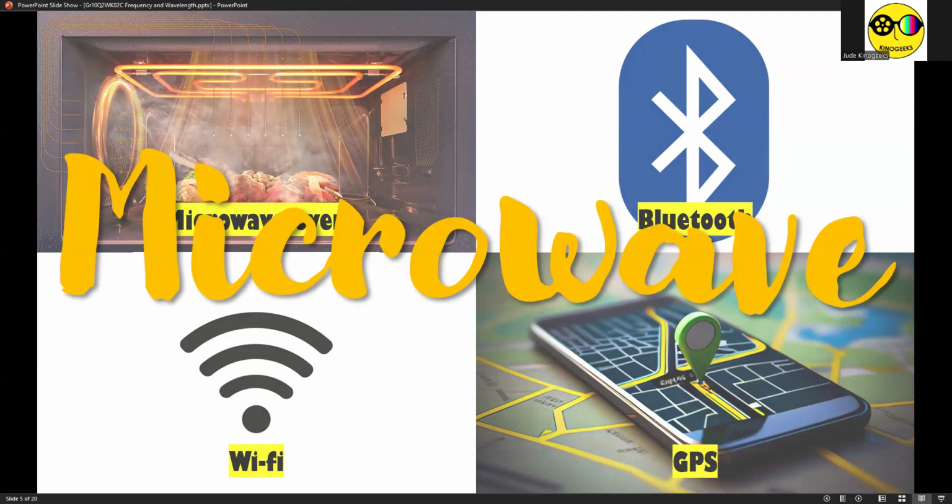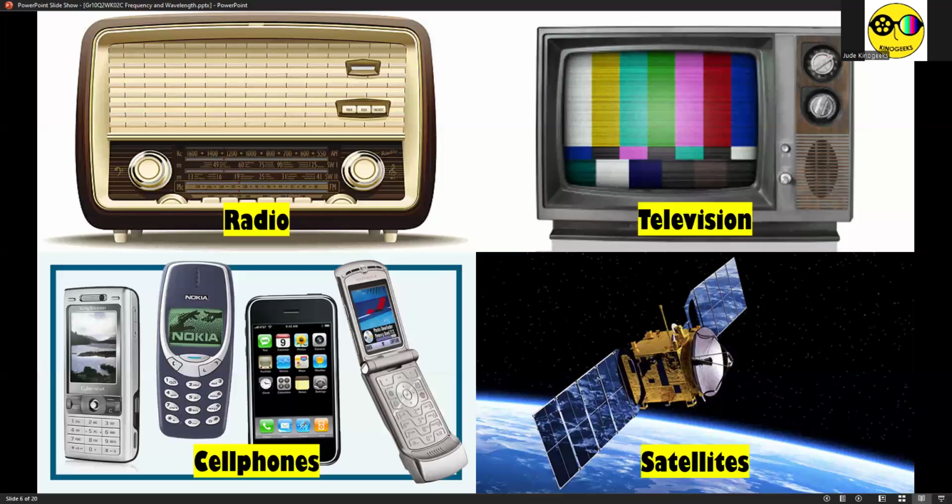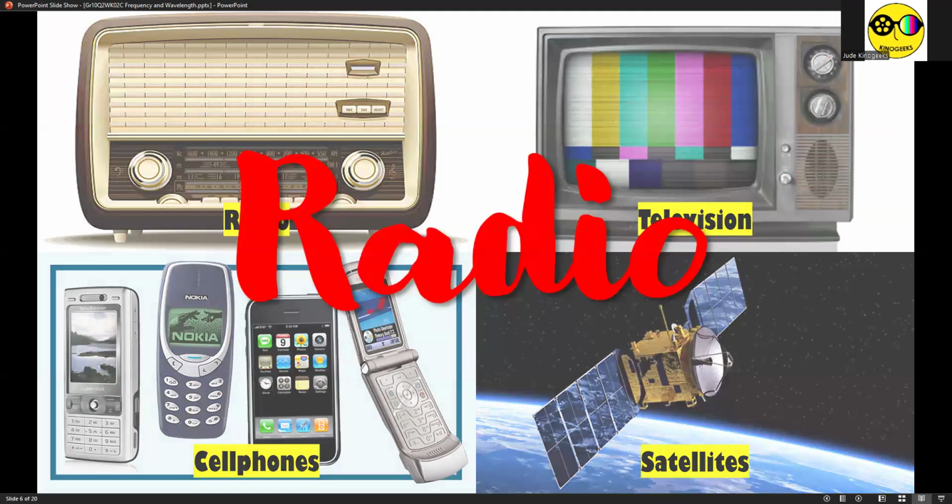But Bluetooth, Wi-Fi, and GPS can also possess radio waves, depending on the frequency and wavelength range that they embody, depending on the signal they emit. Next we have radio, television, cell phones, and satellites. So obviously they have radio waves.